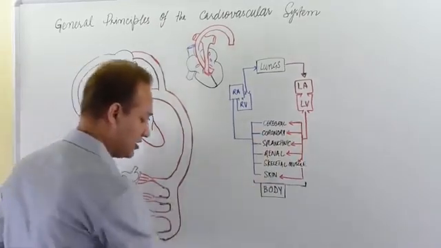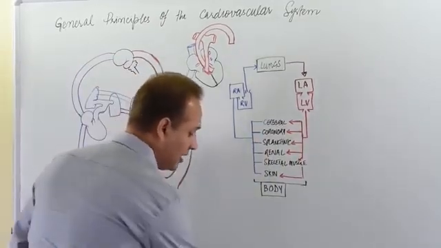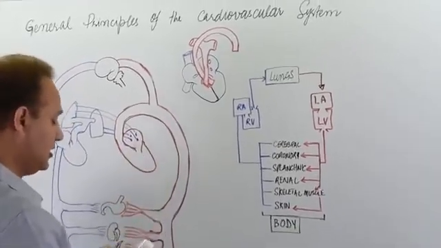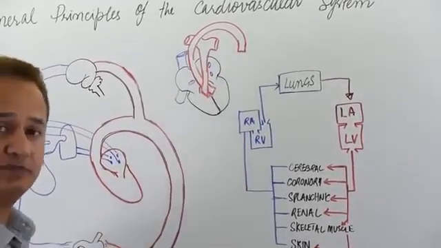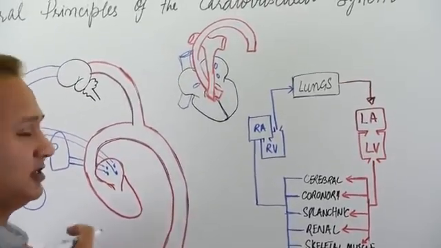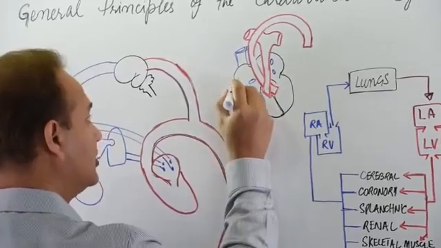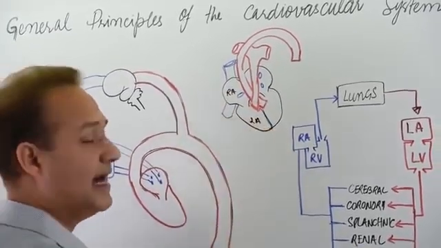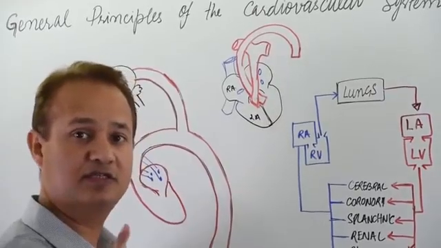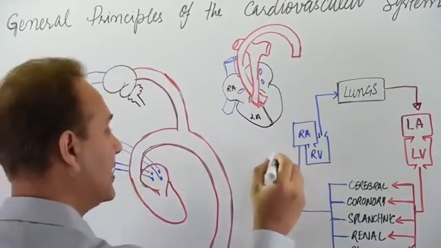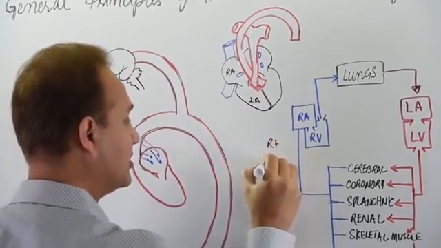So let's start from here. The heart here that is drawn, and you'll see a picture as well. It has 4 chambers. The 4 chambers are, number 1, the right heart: right atrium, RA, and right ventricle. That is one functional unit, these are 2 chambers but one functional unit, also called the right heart.